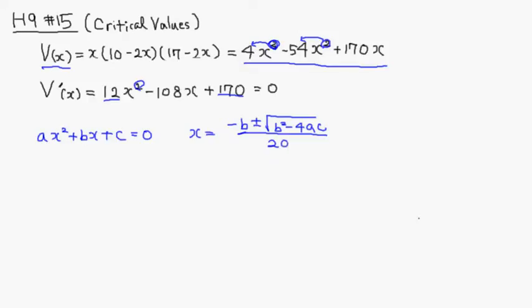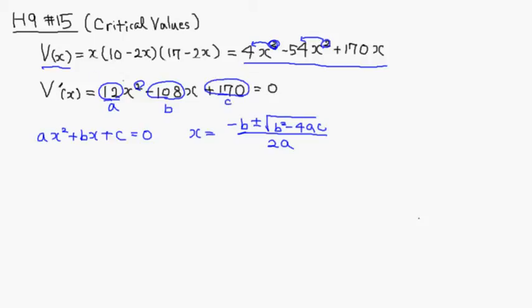So this is the quadratic formula. Let's identify a, b, and c in this case. This 12 is the coefficient of x squared, so this is our a. Negative 108 is the coefficient of x, so this is our b. Then the constant term is 170, so that's our c.